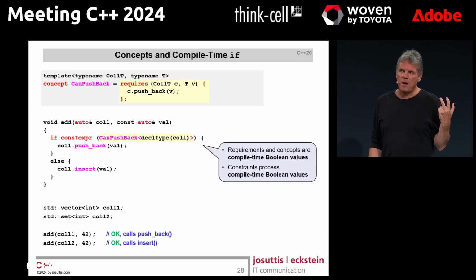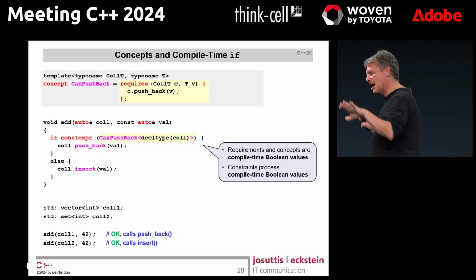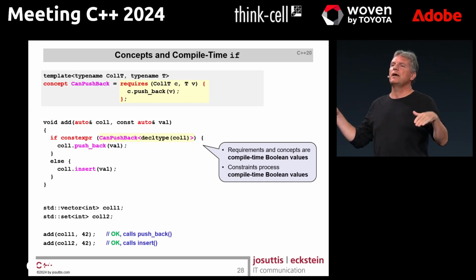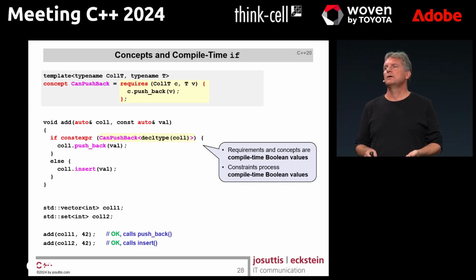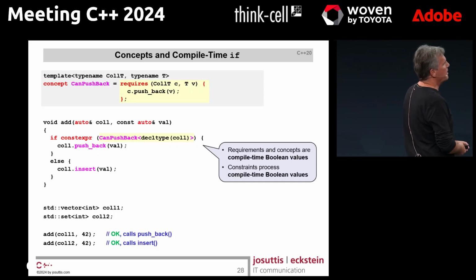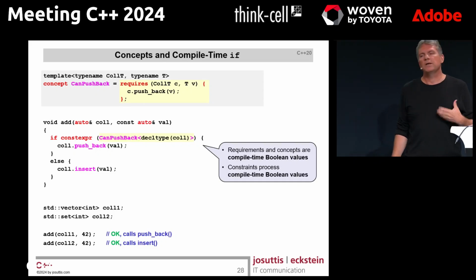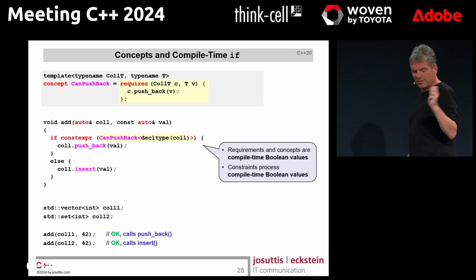But there's more. It's a compile-time Boolean value. So you can combine these two add functions and merge them into one. Because we only have introduced them to be able to distinguish between how to insert the value with push back or insert.